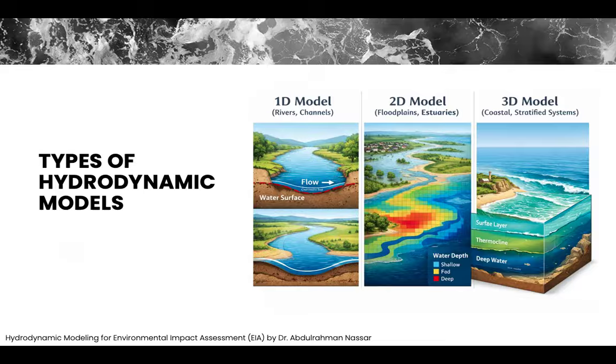For example, if we have a power plant and this power plant discharges high temperature water into the sea, at a depth of, for example, 5 meters, and we need our model to investigate the dispersion of this high temperature water in the water column. So we are talking about layers.